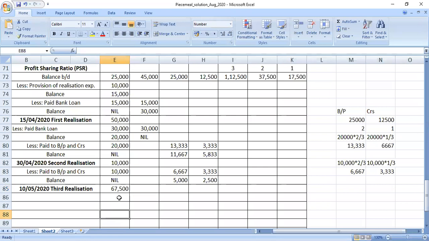Now this 67,500 is sufficient to pay the bills payable 5,000 and creditors 2,500. So less: paid to bills payable and creditors. How much amount? 5,000 plus 2,500, it means 7,500. Now balance.